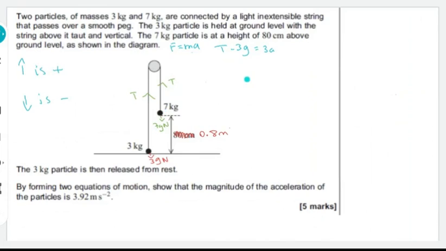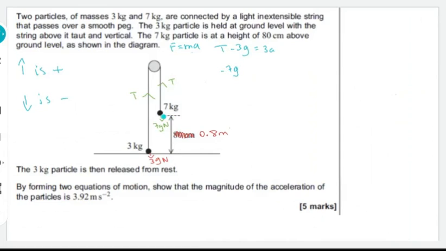Now for the other particle, what have I got? Well, I've got the 7g newtons acting on it, which is acting downwards, so that's negative: minus 7g.